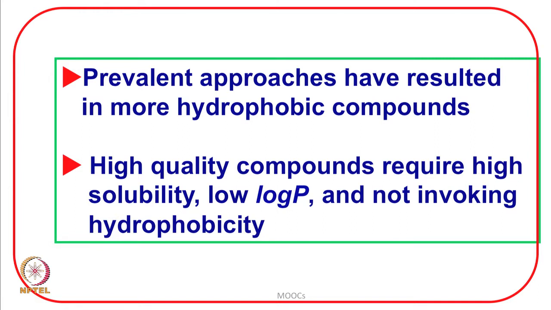Now, this information is based upon the literature. If we say C log P should be less than 5, that means we are putting the high quality compounds in that category. And that is why this comment is made, that high quality compounds require good solubility, so that C log P is below 5.